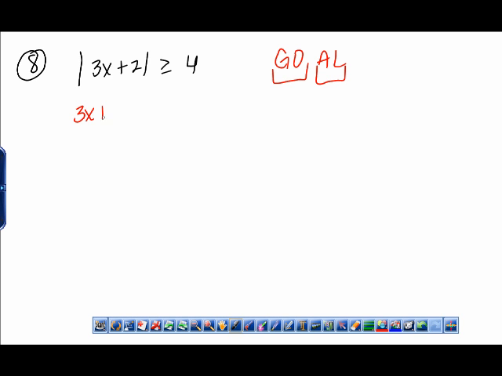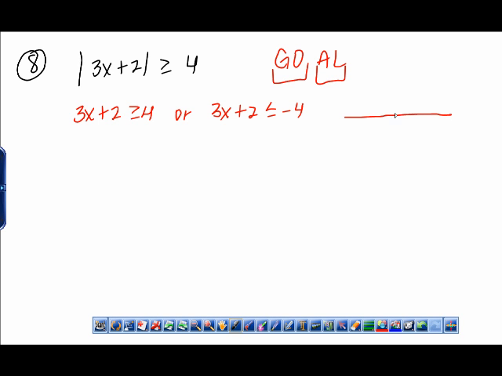So this means that 3x plus 2 is greater than or equal to 4, or 3x plus 2 is less than or equal to negative 4. Again, you switch the number and switch the inequality, but because we have an or, that's different. That's not overlapping. This is a union. There's no way to write this as one inequality. We solve these out separately.